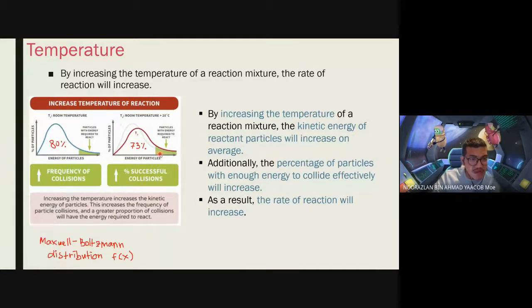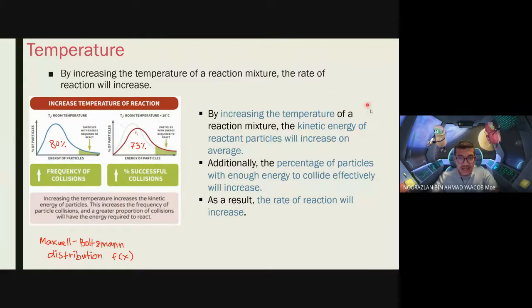Itu bermaksud percentage taburan particles yang mempunyai activation energy ataupun tenaga mencukupi, particles with energy required to react, lebih tinggi. Kalau ini 20%, ini adalah 27%. Bermaksud lagi banyak particles yang akan membuahkan hasil apabila dia collide. Jadi apabila percentage of successful collision itu meningkat, maksudnya lagi cepatlah tindak balas.